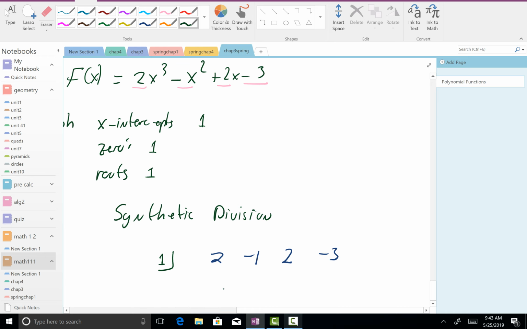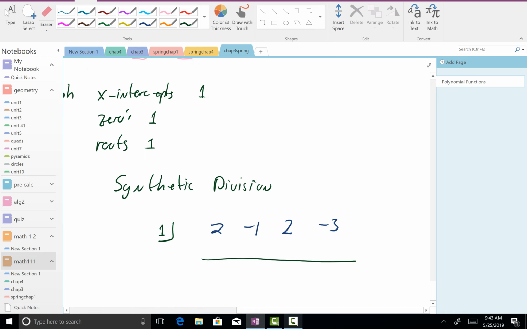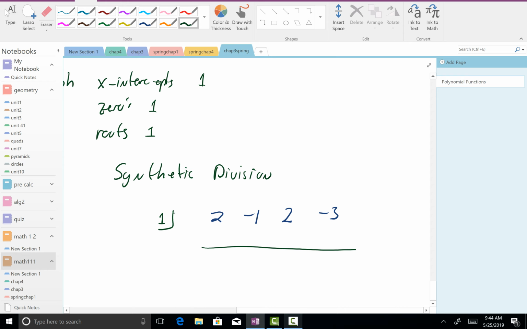First thing you do is drop the leading coefficient straight down, so that it's a 2. Now we multiply 2 and 1 and put that answer right there. 2 times 1 is 2. Now I add these: 2 and -1 give me a 1.